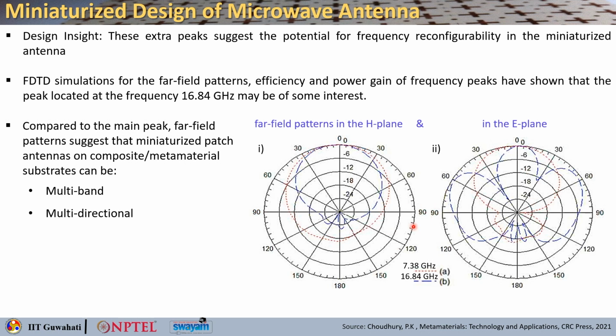So, indeed you can see, by comparing the far field pattern of this 16.84 gigahertz with the far field pattern of the first peak, that is at 7.38 gigahertz, that you can assume that the miniaturized patch antenna on this composite or metamaterial substrate can be multi-band and multi-directional, as you can also see here, right.